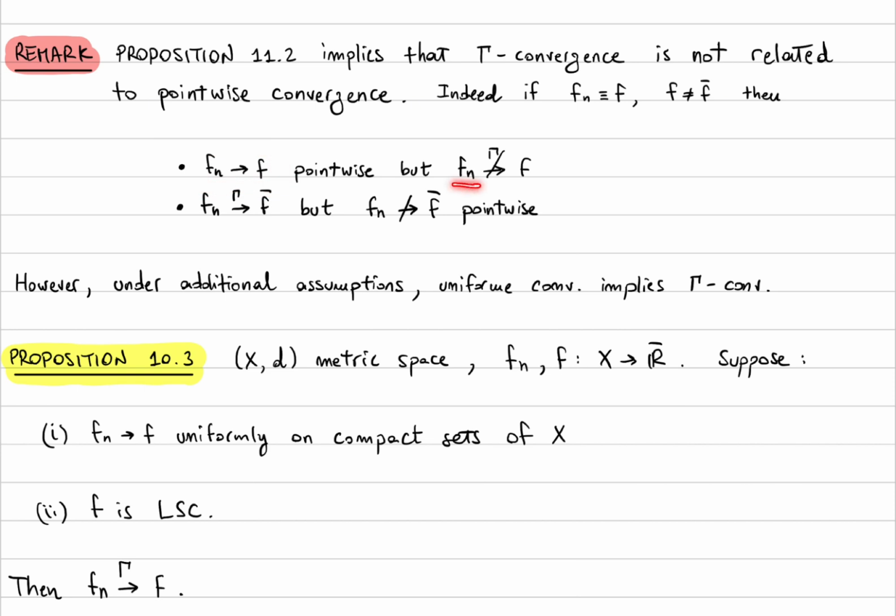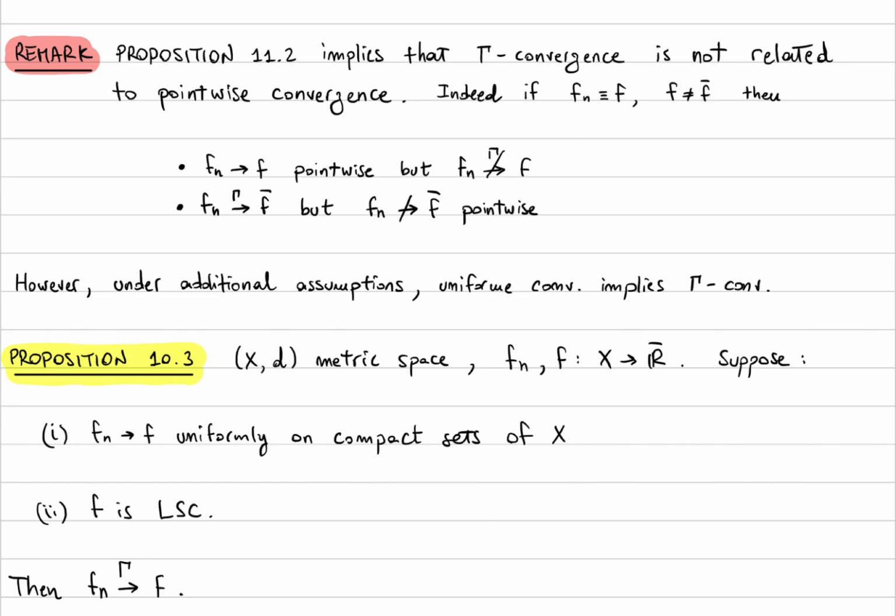But then f_n does not gamma converge to f, because by the proposition we just saw that f_n actually gamma converges to the relaxation, and we're assuming that the relaxation is not equal to f. So in the end, f_n does not gamma converge to f. This is assuming that the gamma limit is unique, which is easy to check: if the gamma limit exists, then it is unique.